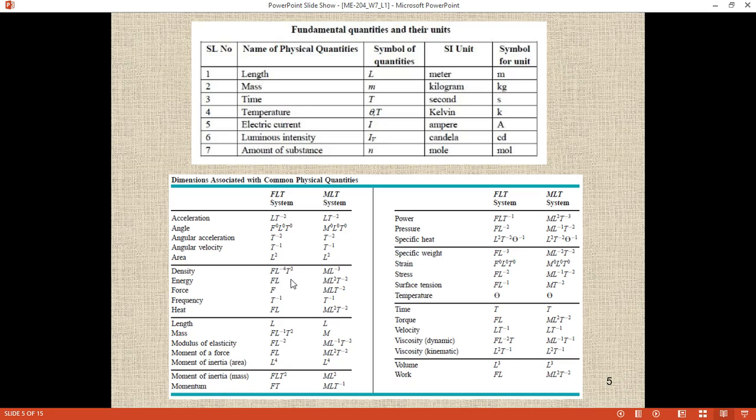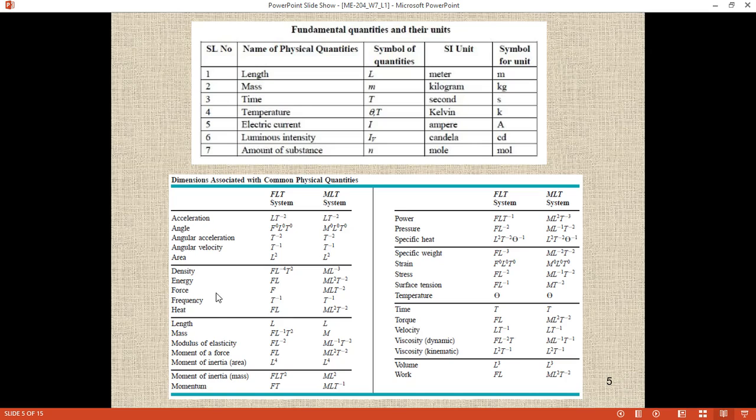Force is equal to m into a, so F will be equal to mass M into L into T to the minus 2. In that way you can convert; we will see some examples.